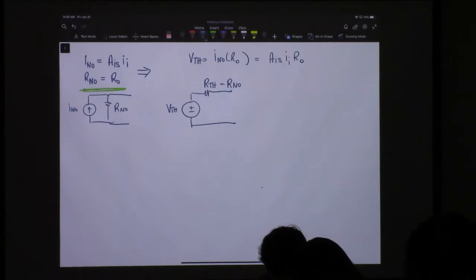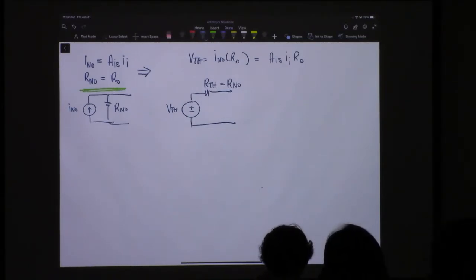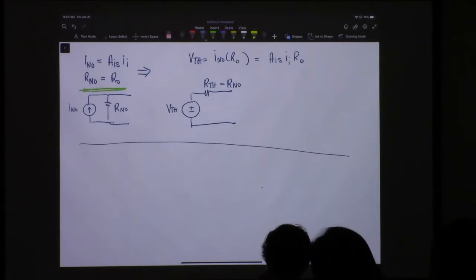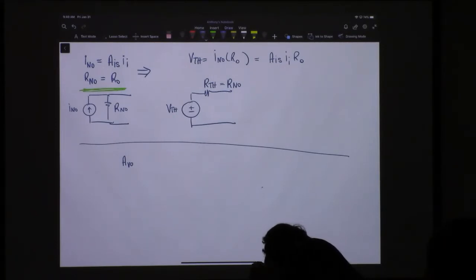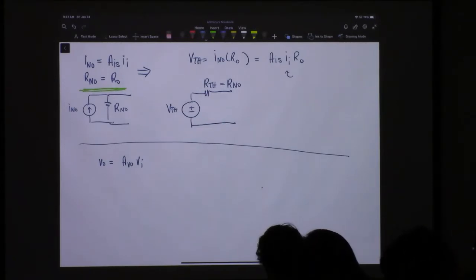Now, how do we align this with AVO? Okay, we know that AVO, if I bring up the picture here, V out is equal to AVO times V in. So what we need to do is take this I in right here and put this in terms of V in. So how do we do that? We can just go ahead and use Ohm's law.